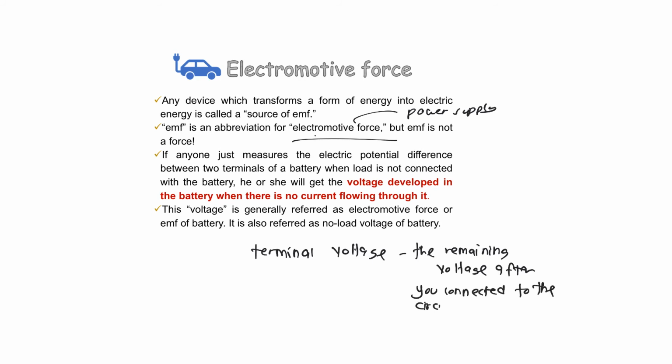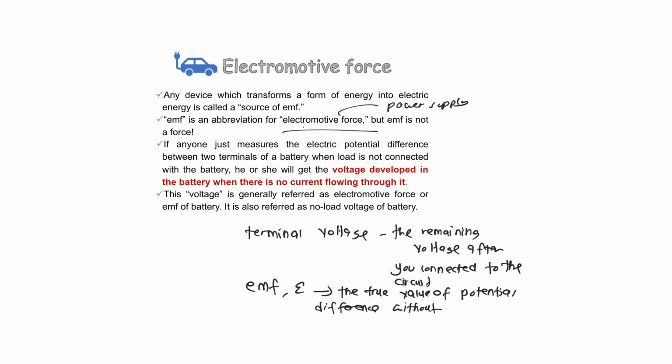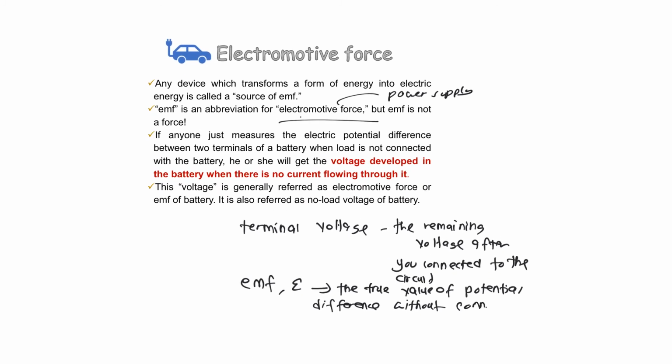For EMF, the electromotive force, which is represented by this symbol, this is basically the true value of the potential difference, or we can say the voltage without being connected to the circuit.